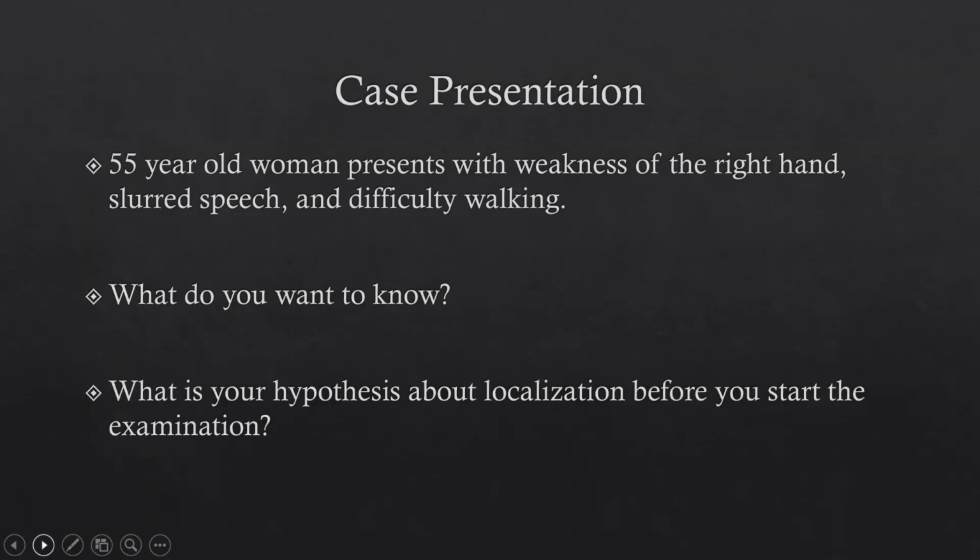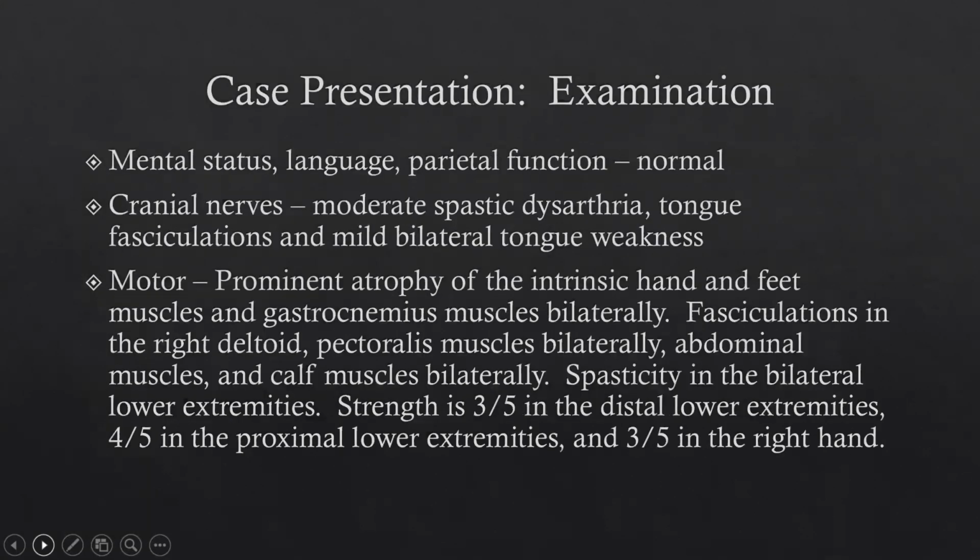Once you've done this, you are looking at formulating a hypothesis about your localization before you start examining the patient. This is very important because you don't want to start examining the patient without a clear understanding of where the localization of the problem would potentially be, because different localizations would entail a different differential diagnosis.